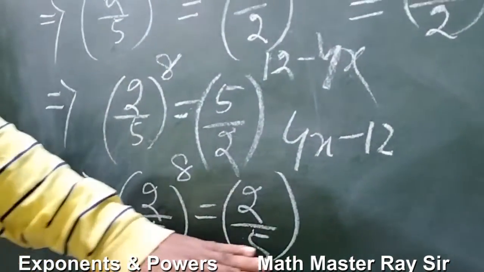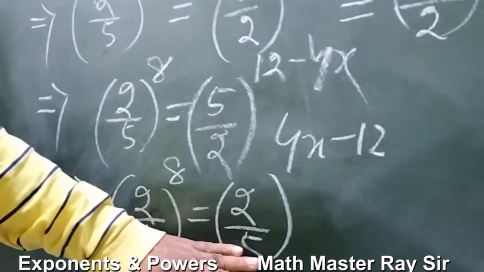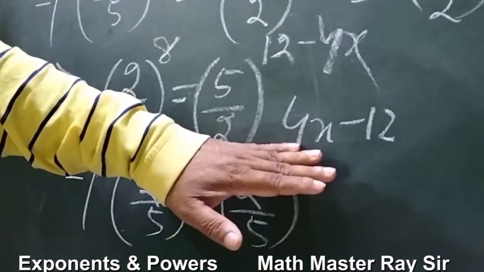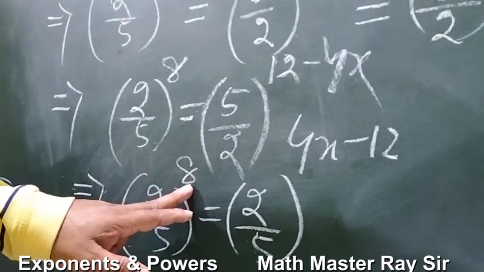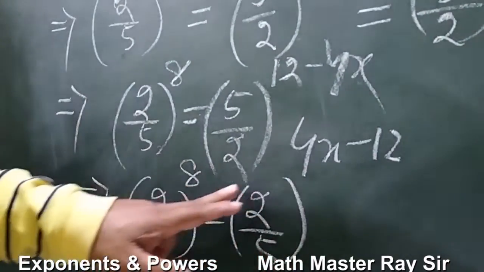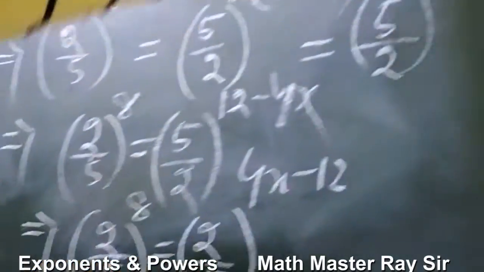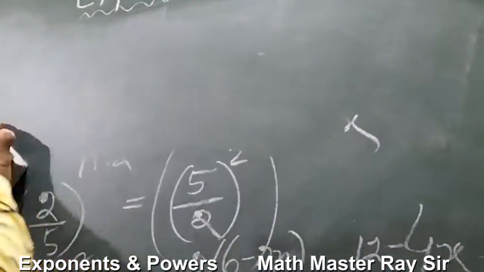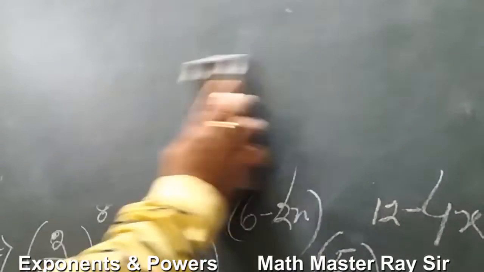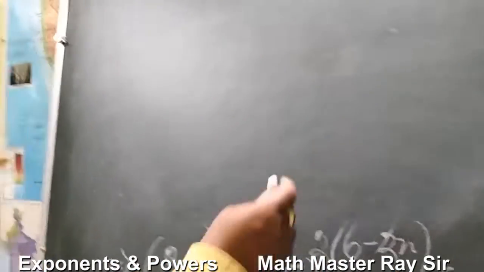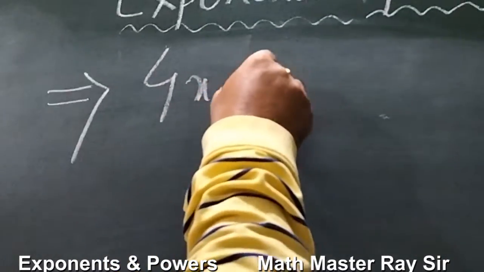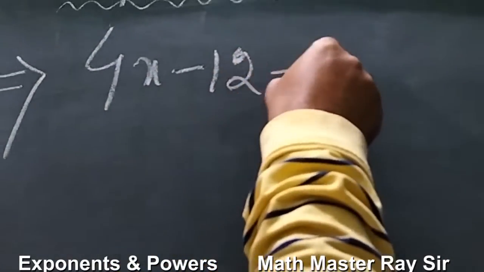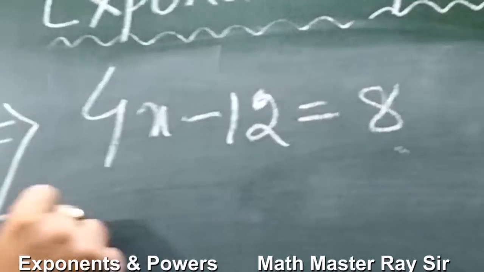Now the bases are the same, so the powers will be the same. That means we got 4x minus 12 equals 8. Solving for x, finally we got 4x minus 12 equals 8.